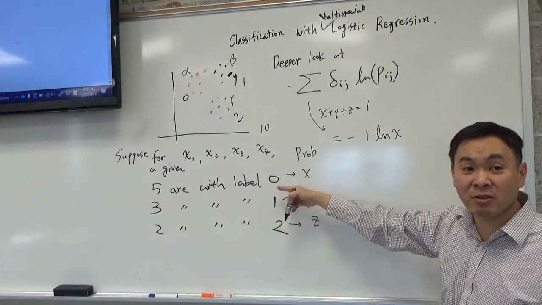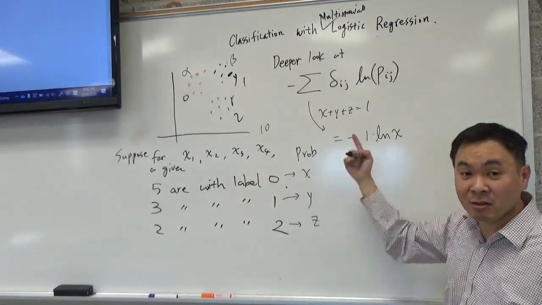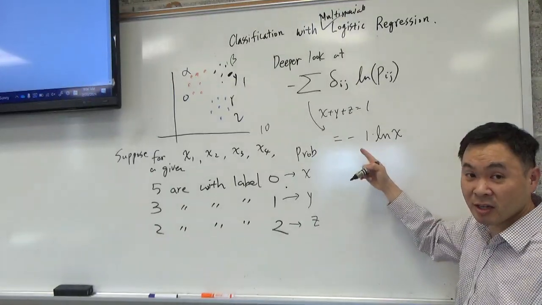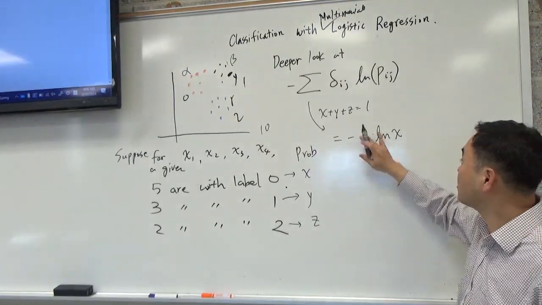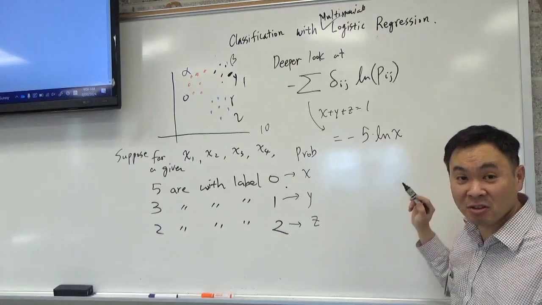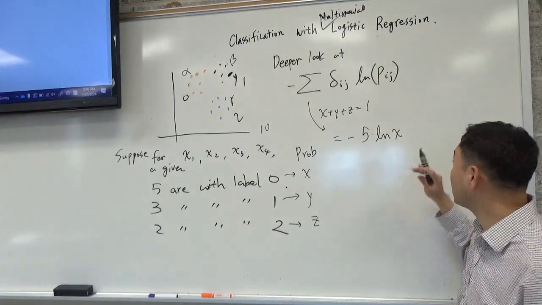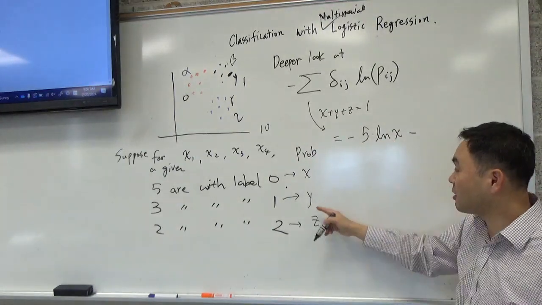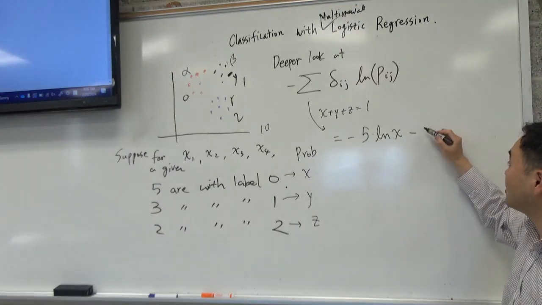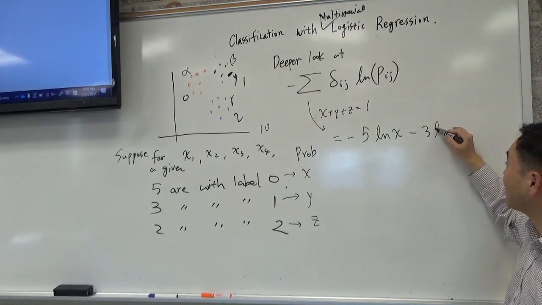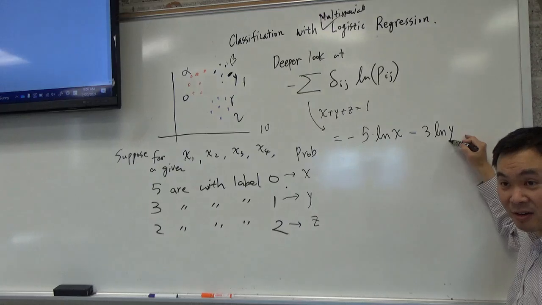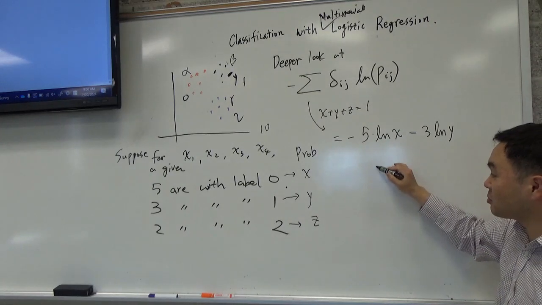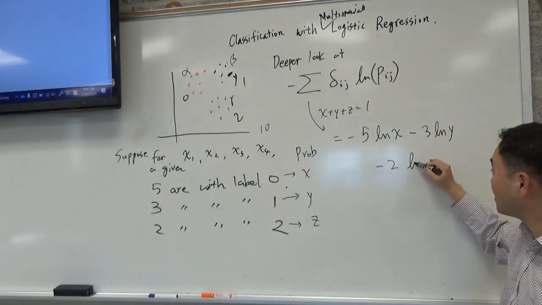But then there are 5 of them, right? So as you add up all the 5 of them, what would you get? Negative 5 times ln x. Do you agree? All right. And then minus, how about this one? 3 ln y, right? And then it will be minus 2 ln z.